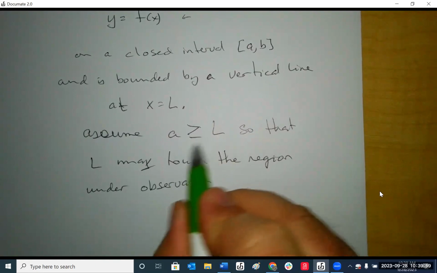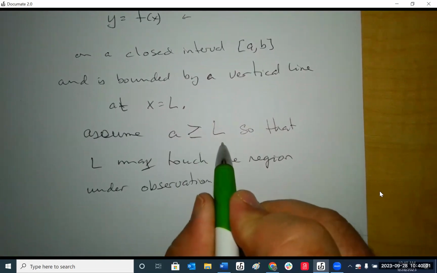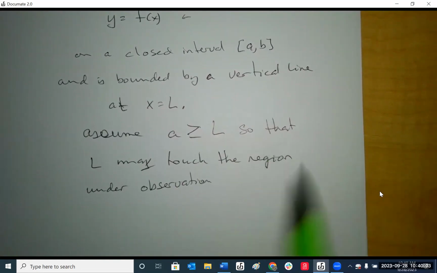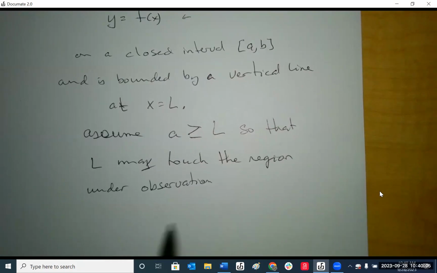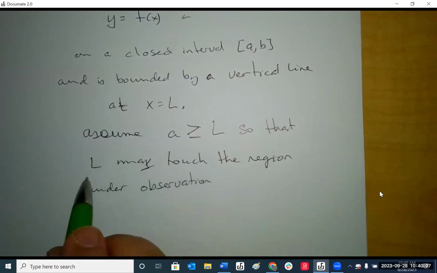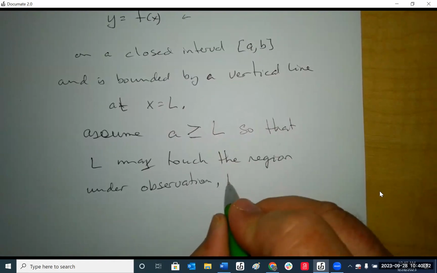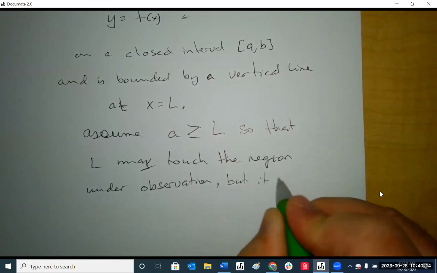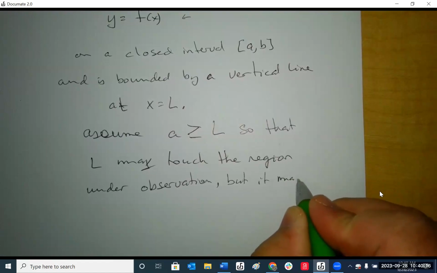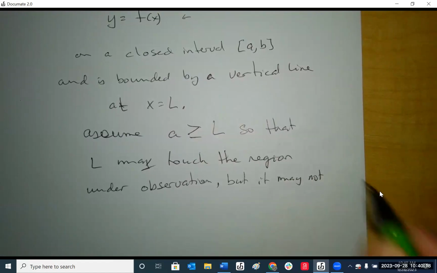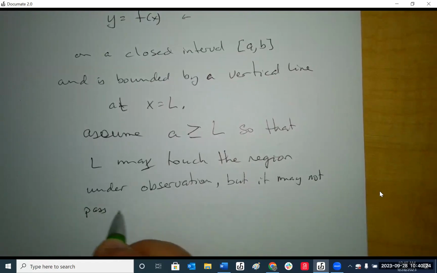Assume that A, the lower bound, is greater than or equal to our limit L, so that the L may touch the region, but it may not pass through it.